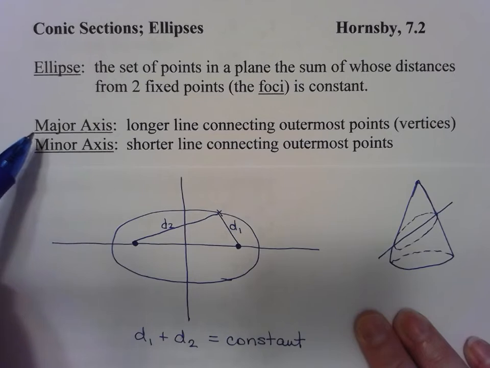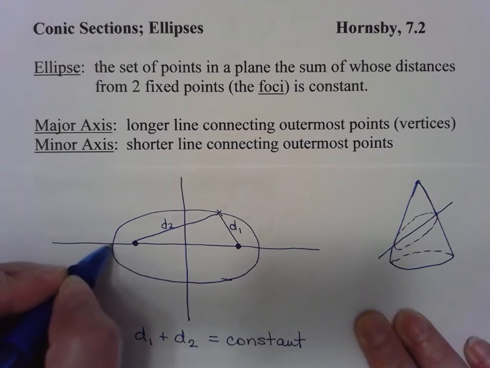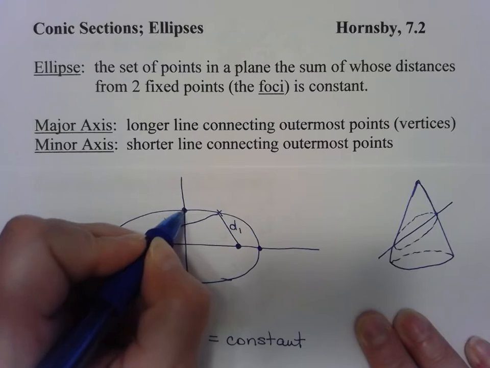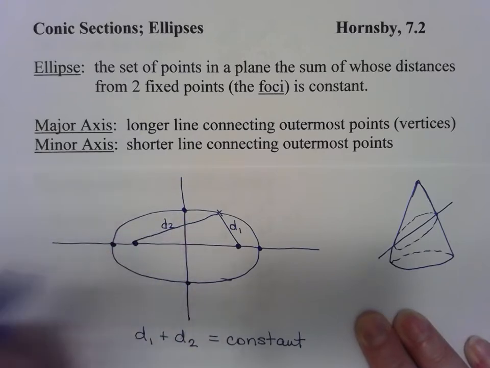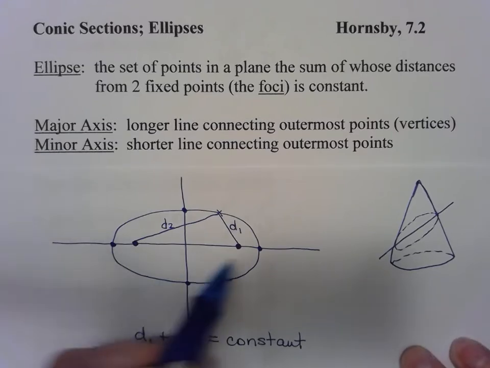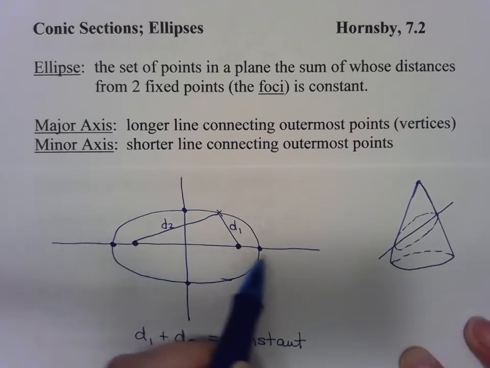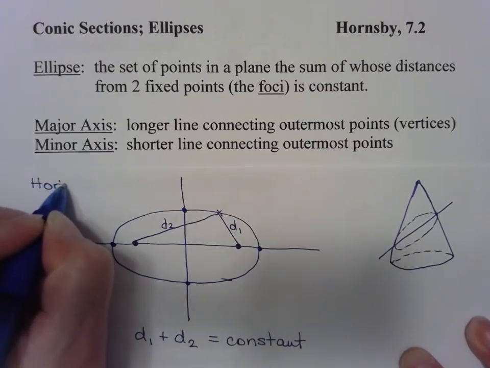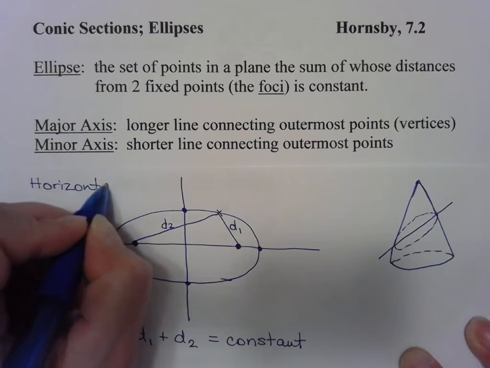There's some other vocabulary that goes along with the ellipse because the left to right distance and the up and down distance are not the same. We call the longer line connecting the outermost points the major axis. So for this, I'm going to write this down in the corner. This is a horizontal ellipse.